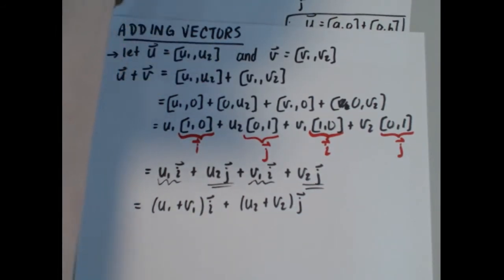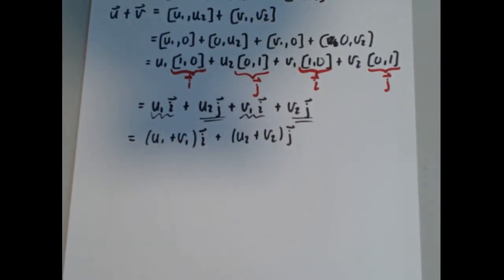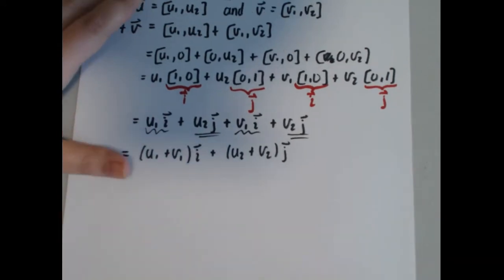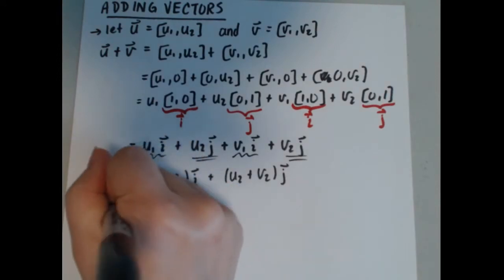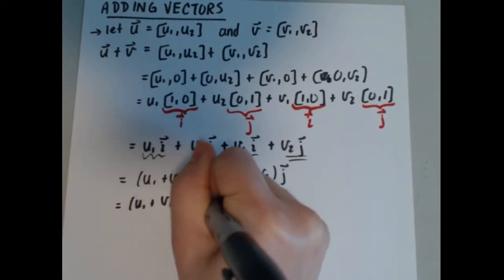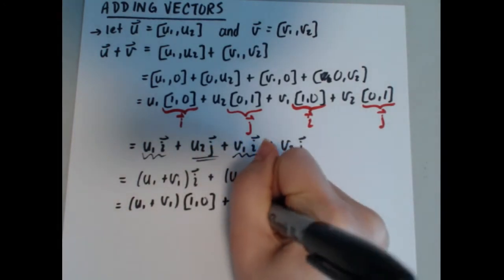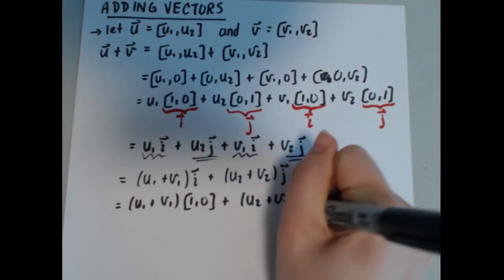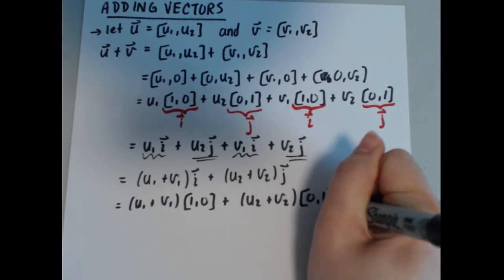That is 1, 0 and 0, 1. Actually, let me just move this down a little bit. Okay, so (u1 plus v1) times [1, 0] plus (u2 plus v2) times [0, 1].